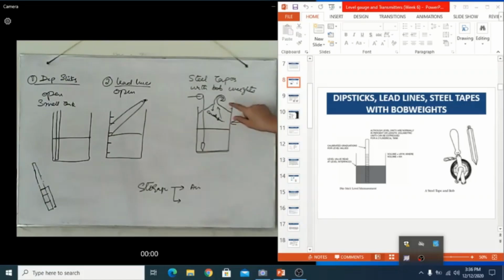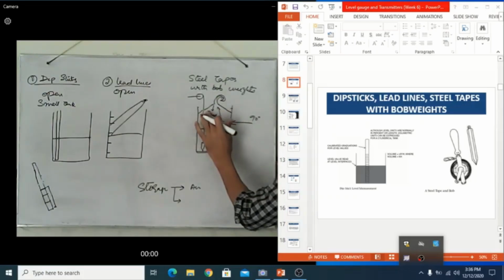So this opening forbids dust particles from entering the tank, and if the tank gets pressurized, the inner air can easily be removed from the upper part of the tank.